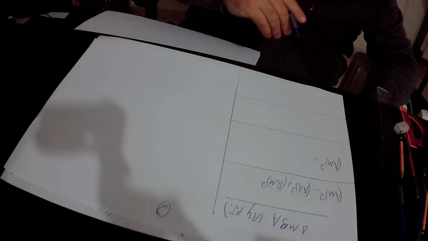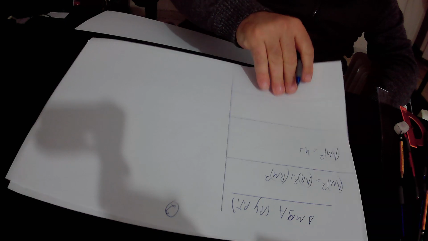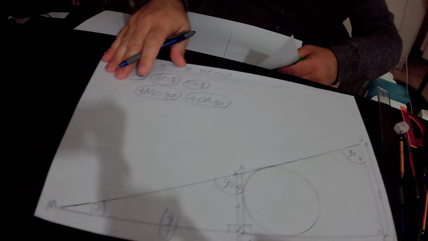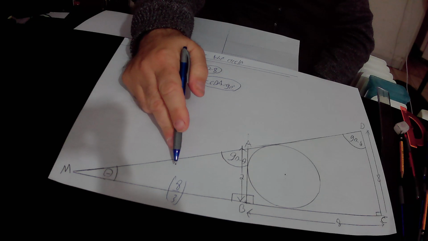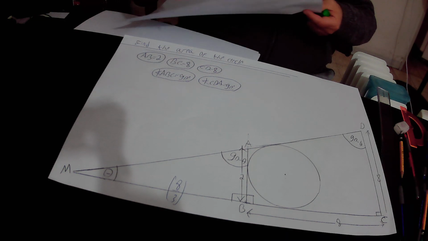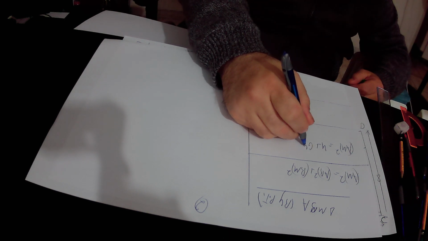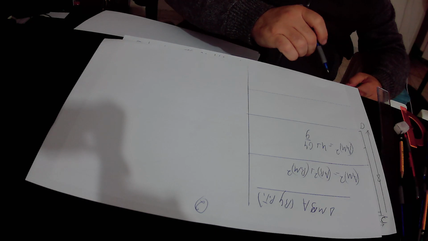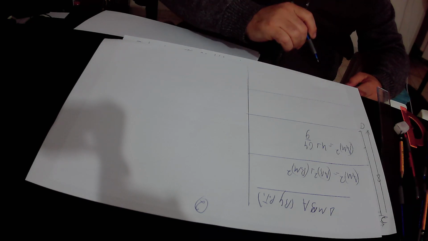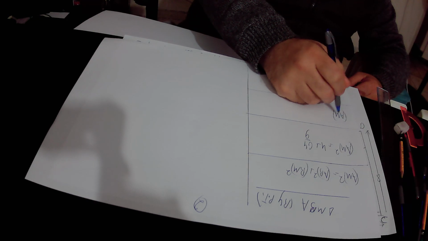AB is 2, therefore AB squared is 2 squared, that is 4, plus BM squared. We found out that BM equals 8 over 3, therefore BM squared is 8 over 3 squared, that is 64 over 9. So in conclusion, AM squared equals 4 plus 64 over 9.